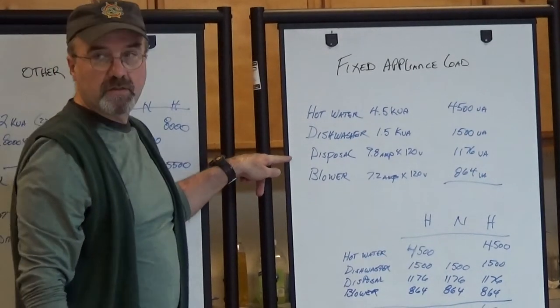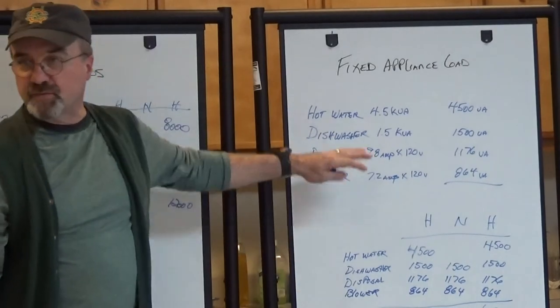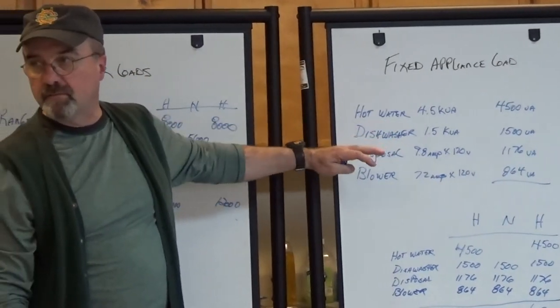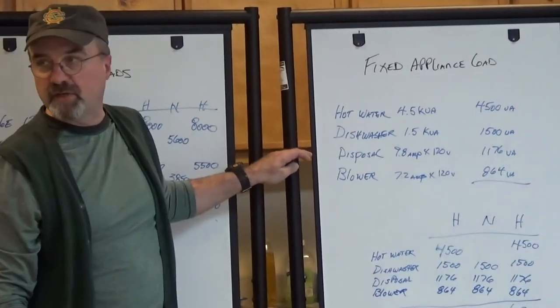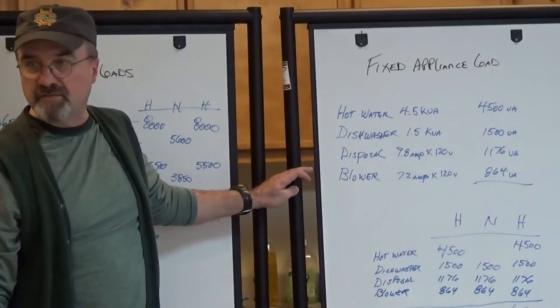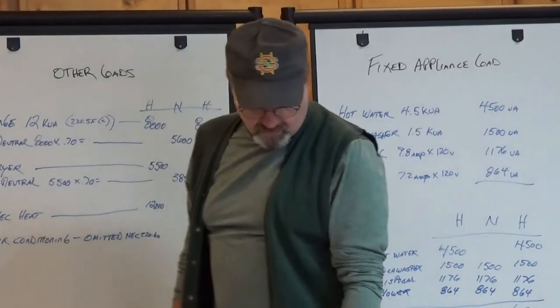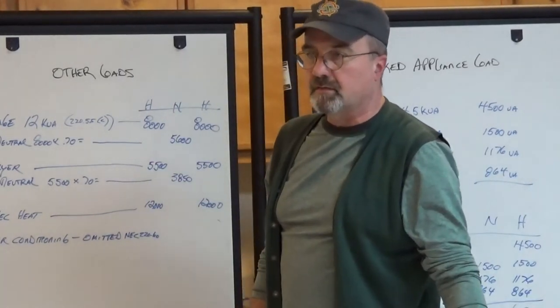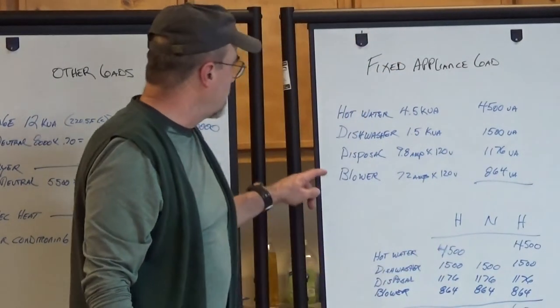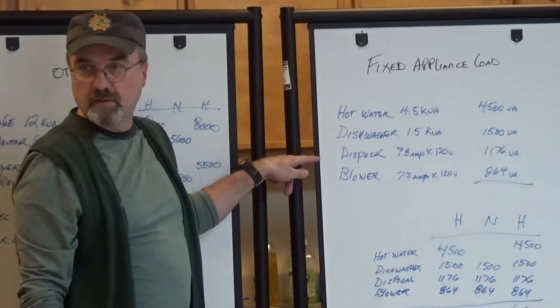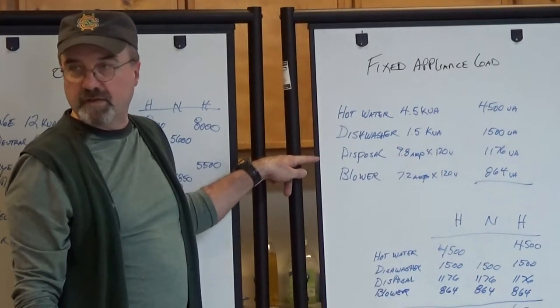Okay? So now we have 100% of the rating already figured in the fixed appliance loads. What's the code saying we got to do though? We got to take it at 125%. So we're going to take that disposal and take 25% more of that. Okay?